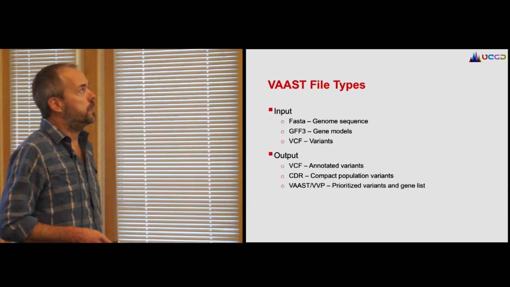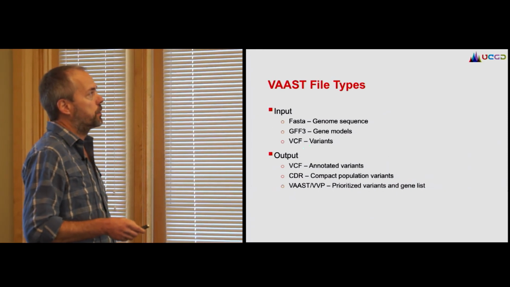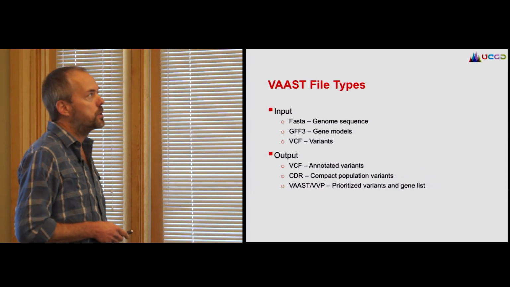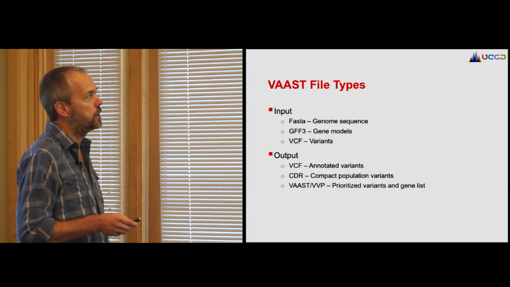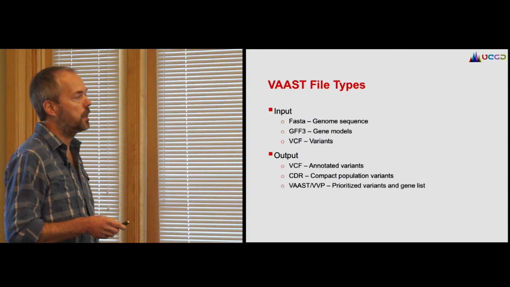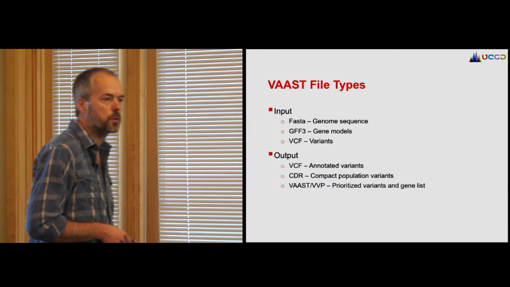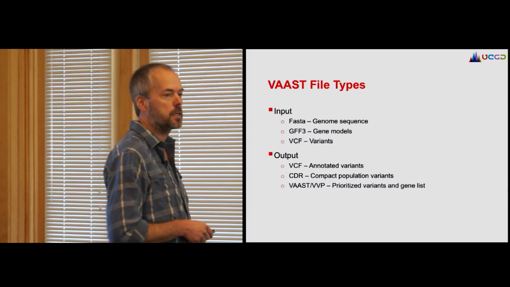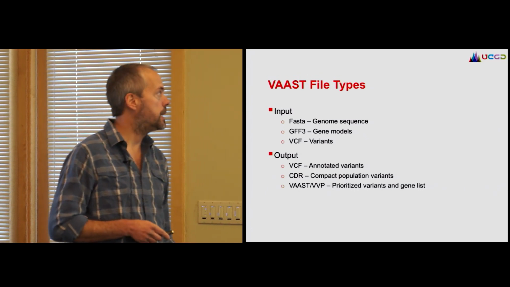Okay, so the data coming in is basically the three main kinds of data types that we're used to in genomics: a FASTA file of the genome sequence, a GFF3 file of gene models, and then a VCF file of variants that are produced by tools like GATK's HaplotypeCaller or FreeBayes.